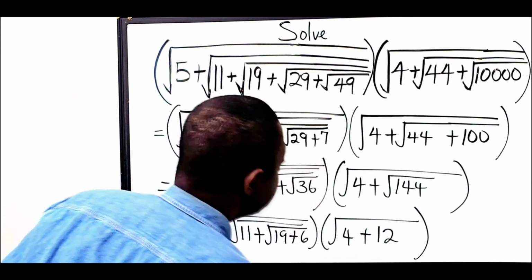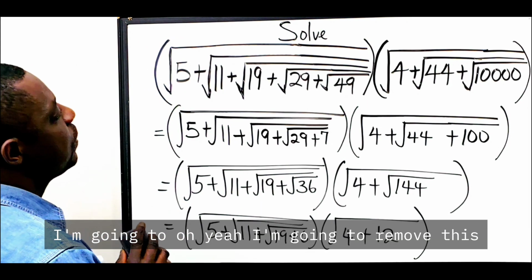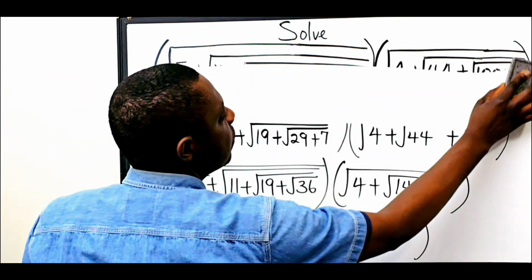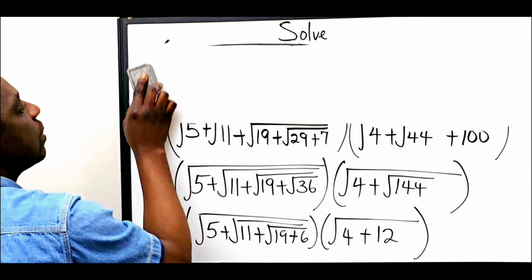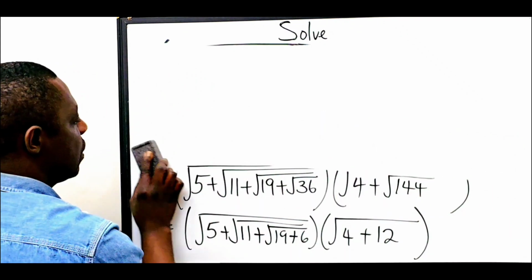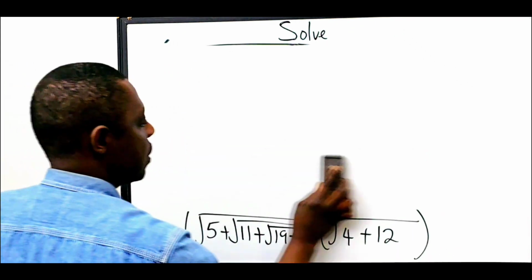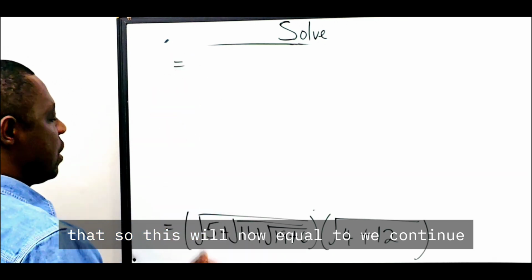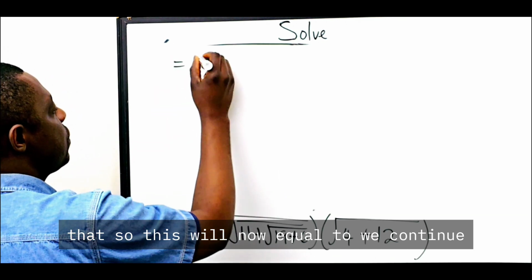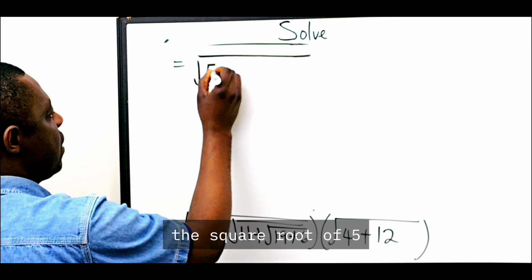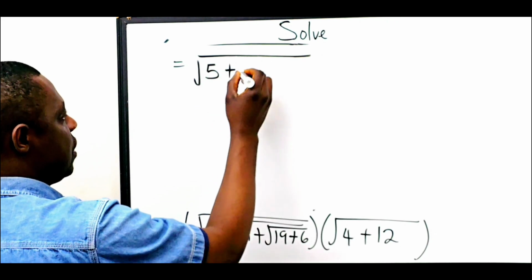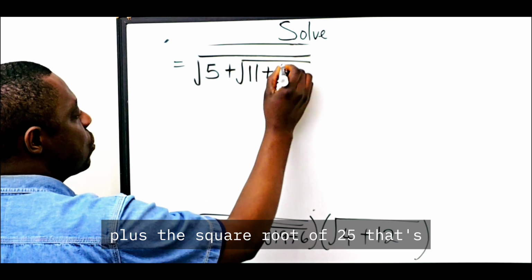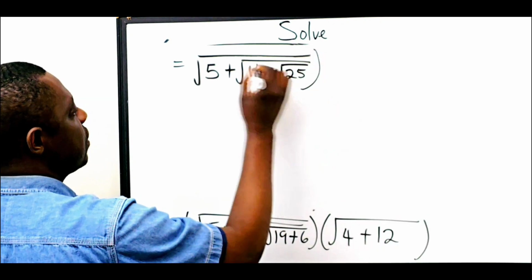Fine. I'm going to remove this. I'm going to remove that. So this will now equal to, we continue, the square root of 5 plus the square root of 11 plus the square root of 25.